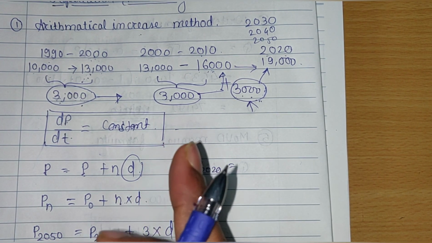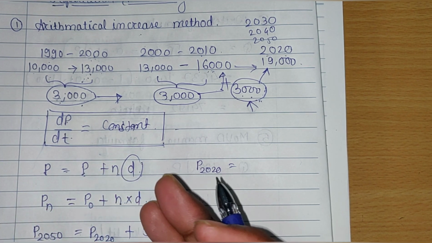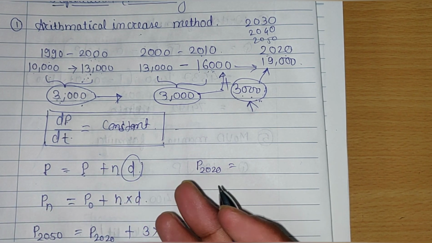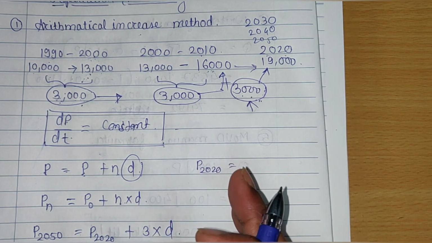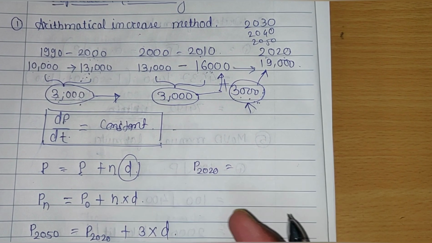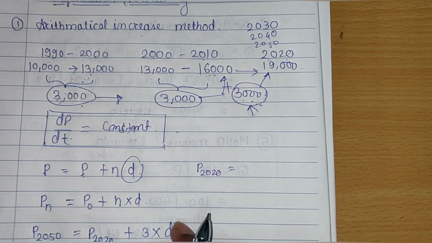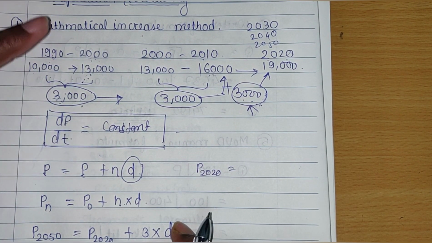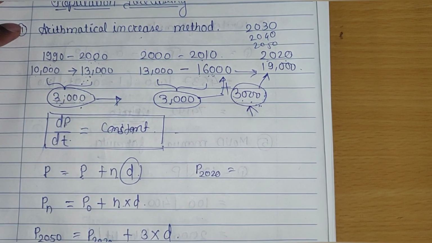That means if there is no scope of future development in the town or in the city, there is less chance of population increase. For that case the arithmetical increase method is suitable.